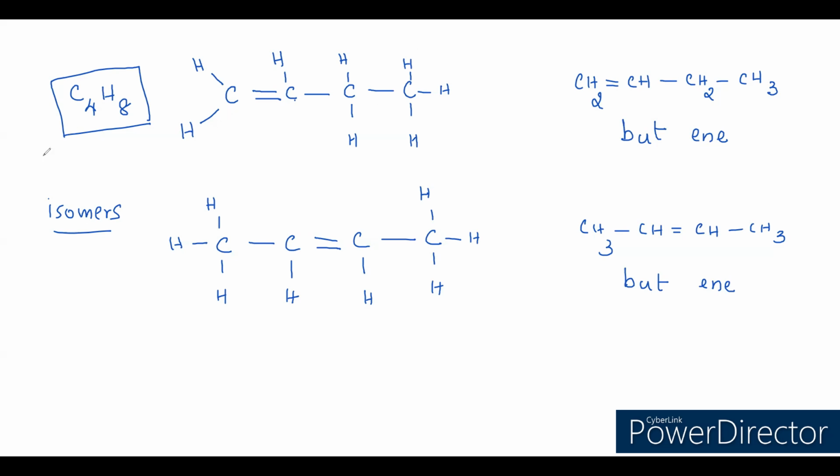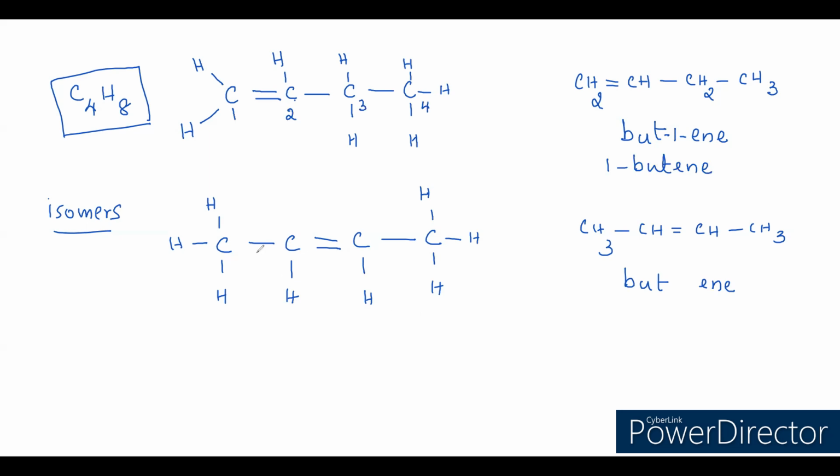So I will have to number this from here: 1, 2, 3, 4. And the double bond is between carbon 1 and 2. Out of these two numbers, again I will pick the smallest number, that is 1. So this is but-1-ene, or you can also write 1-butene.